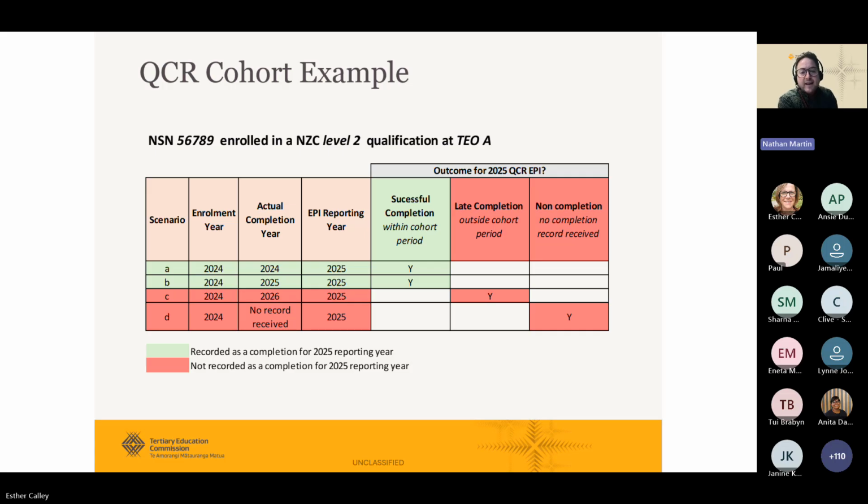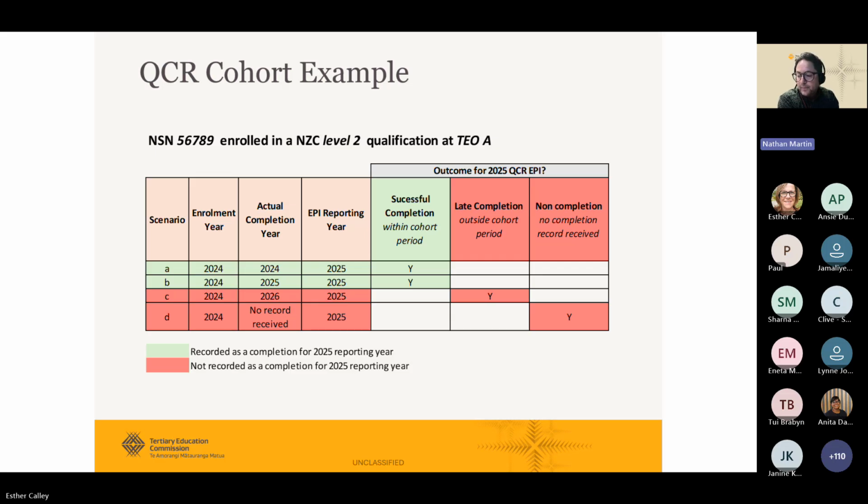In scenarios A and B, the learner is counted as a successful qualification completion, whether they actually completed in 2024 or 2025, as it falls within the learner cohort time period.